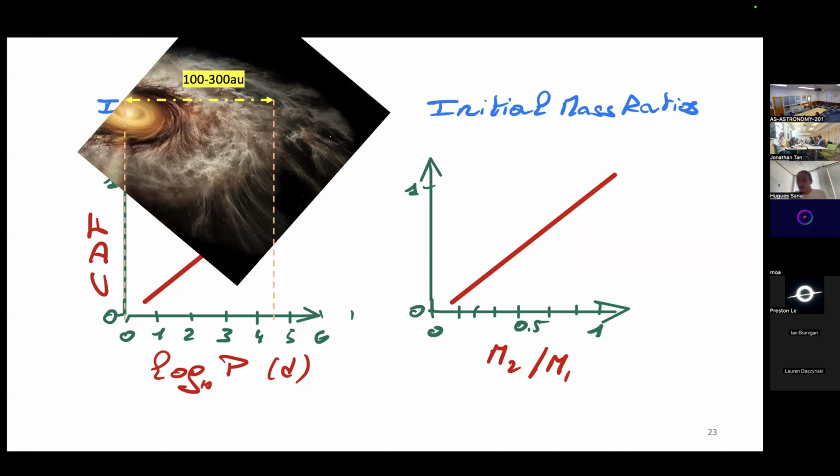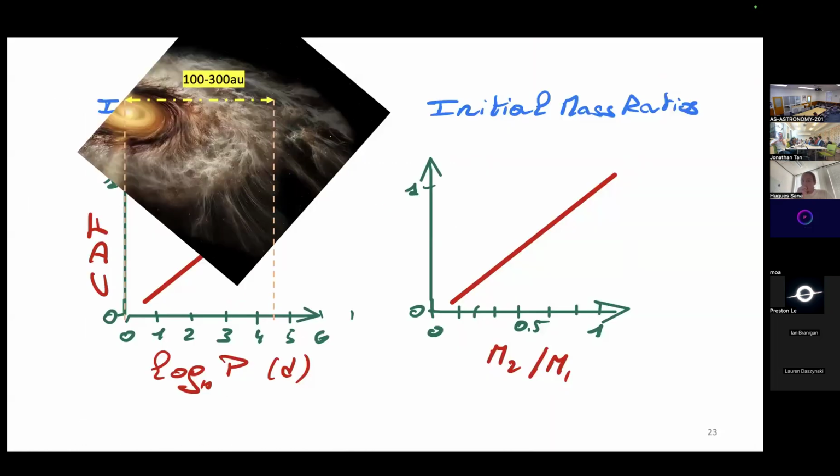We've been ignoring it a lot, but what we measure is the current period distribution, the current mass ratio distribution. It has probably been impacted by the fact that this has been forming in a disk that has been potentially very dynamical and evolving on reasonably short time scales.